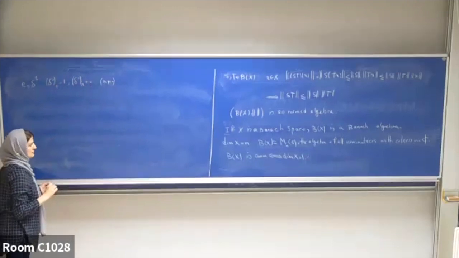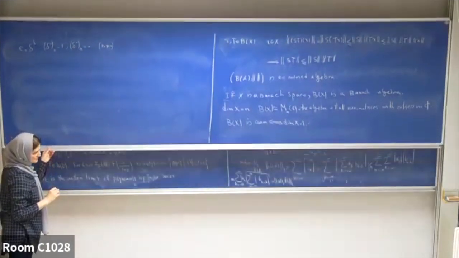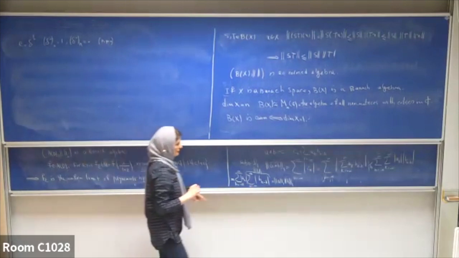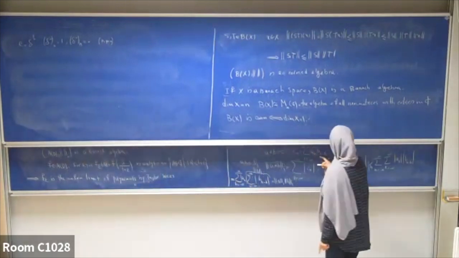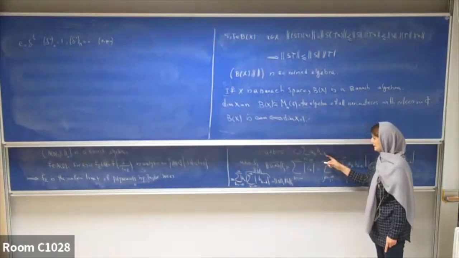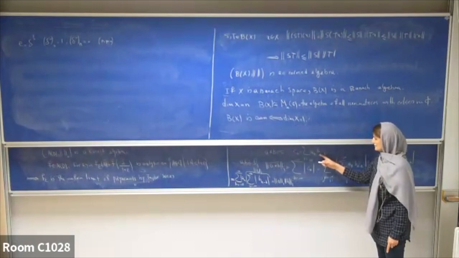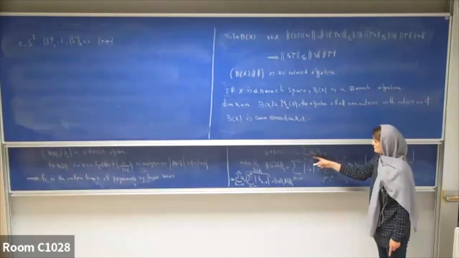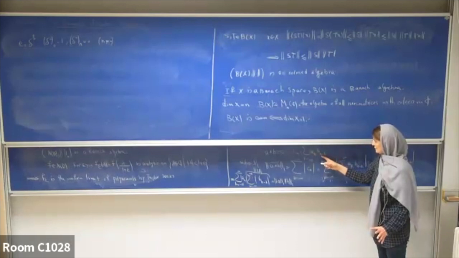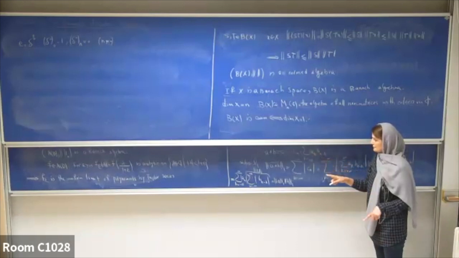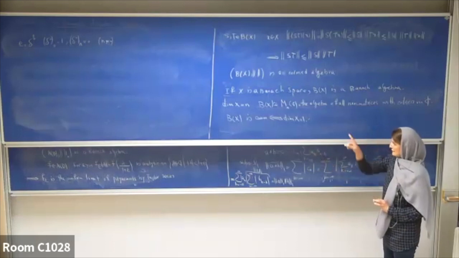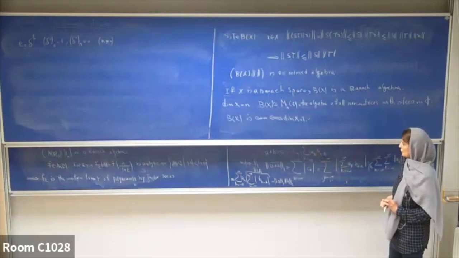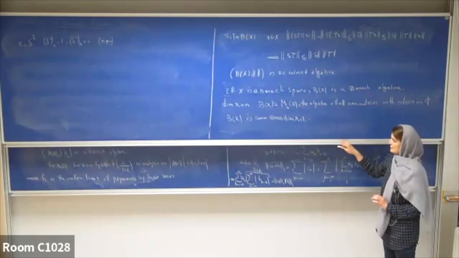So this is the unit element, because the only term that survives is when k is zero, and this is exactly B_n. Of course, it gives you just B_n for the n-th entry, so there is no problem. This is the unit element and its norm is one.